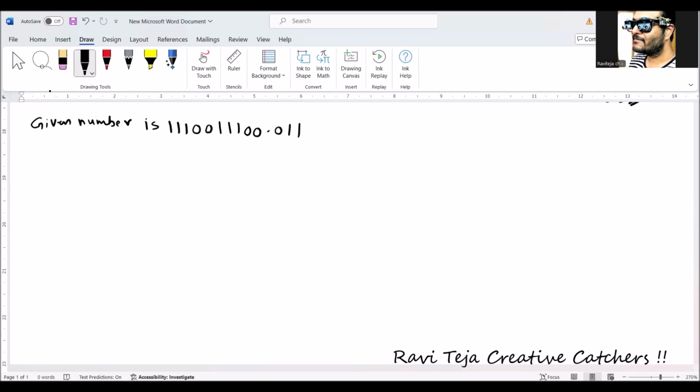As we are converting that into octal, consider 3 bits in a group, same like the previous problem. So these 3 are one group, these 3 are one group, these 3 are one group, and this is one group. From right to left, we consider before the decimal point, and after the decimal point, we consider from left to right.